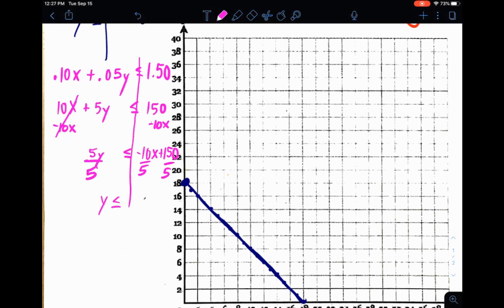Like you'll leave that last term undivided. Make sure that it's every single term. So negative 10 divided by 5 is negative 2x. 150 divided by 5 is 30. All right, so let's graph that. Let's put a dot at 30. Now we're going down 2 over 1.